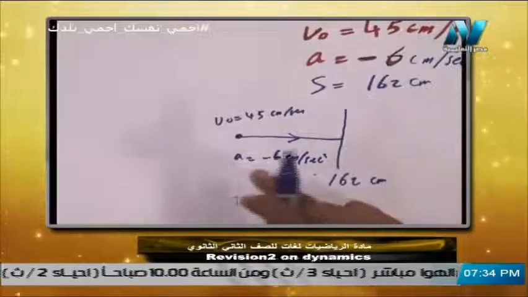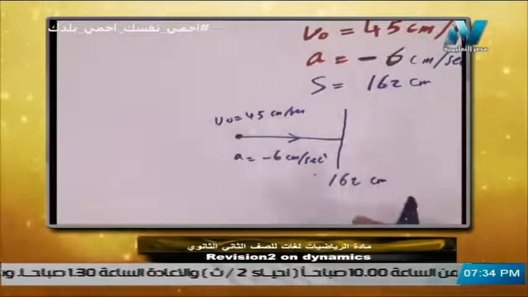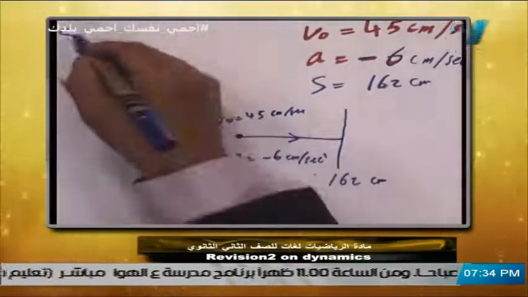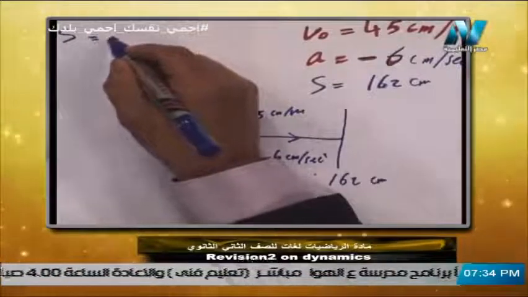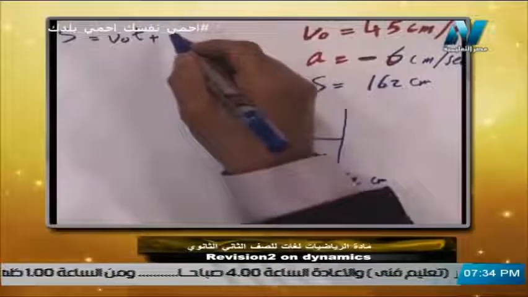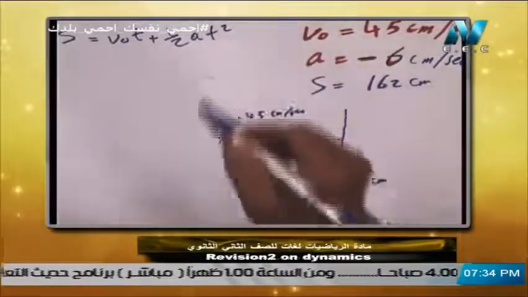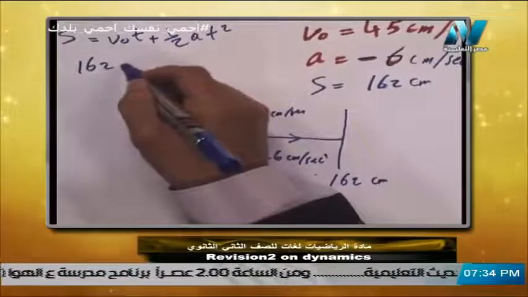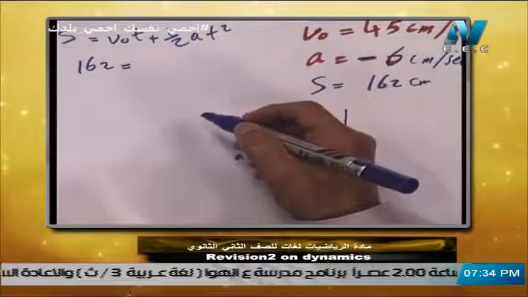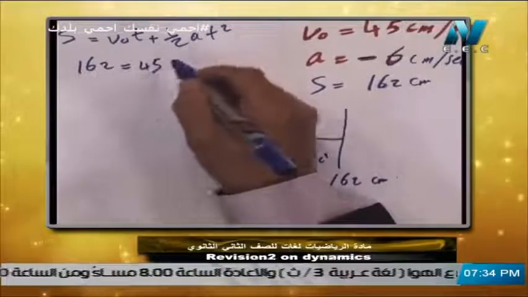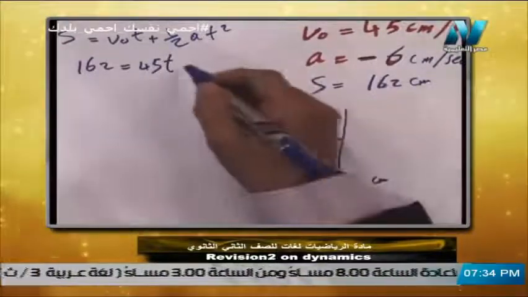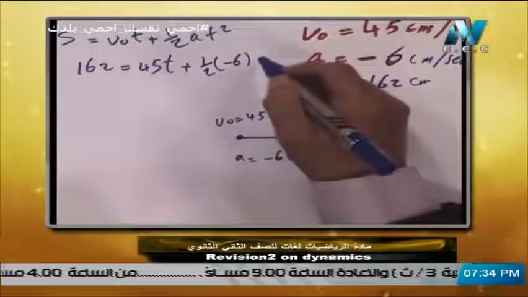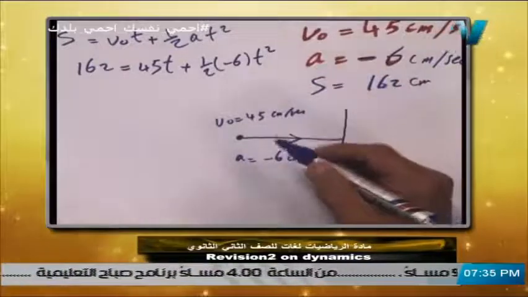We would like to find T. So we will apply the rule S equals V naught T plus half A T power 2. S here will be 162 centimeter, as he said to us, and V naught is 45 times T. We have no T now, and we have half multiplied by A, which is negative 6, multiplied by T power 2. We don't know it up till now.